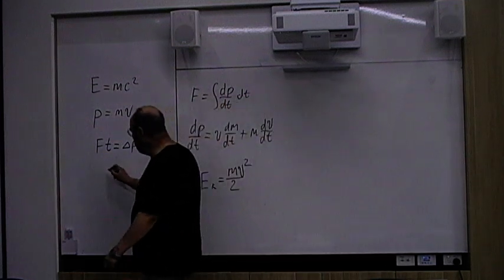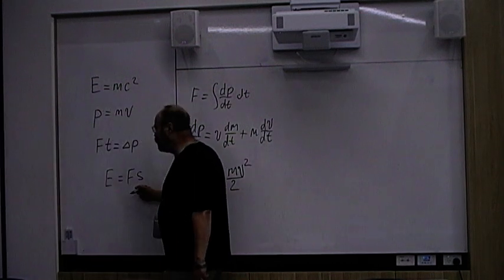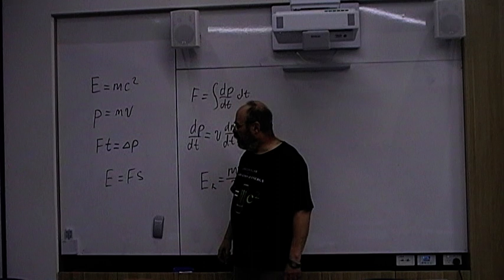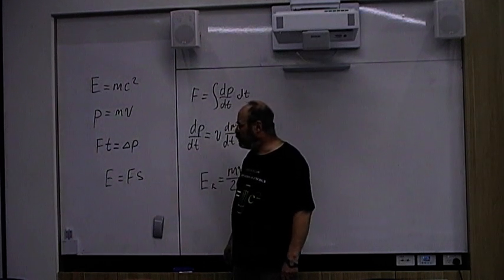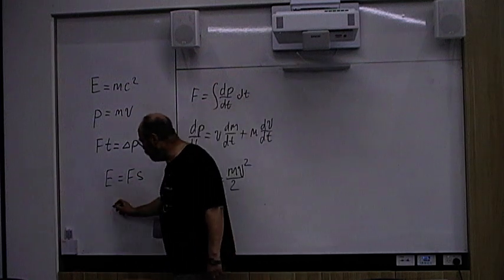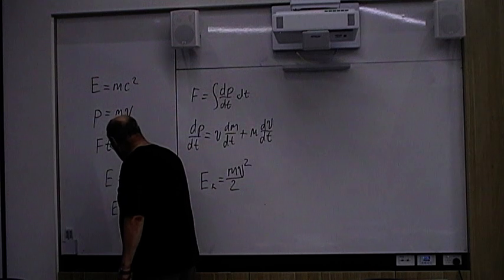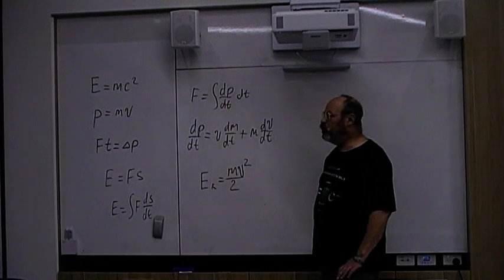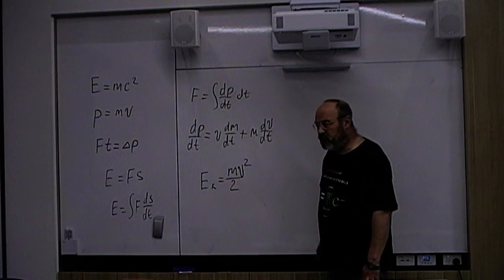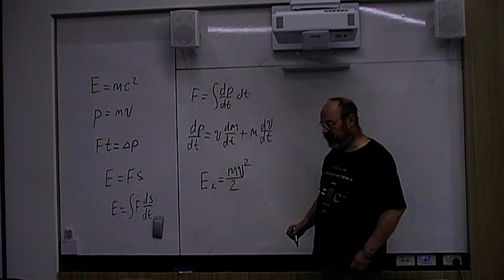Also recalling that energy equals Fs, force times displacement, and again if the force is not constant, energy equals the integral of F ds. Using those approaches, for small velocities we obtain this, and for high velocities we obtain mc squared.